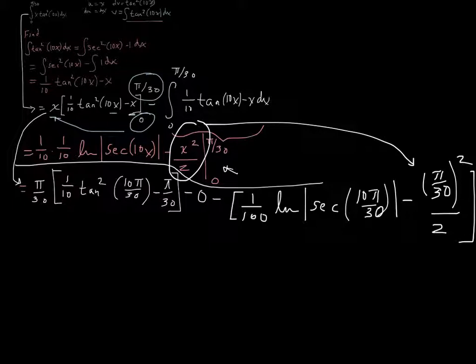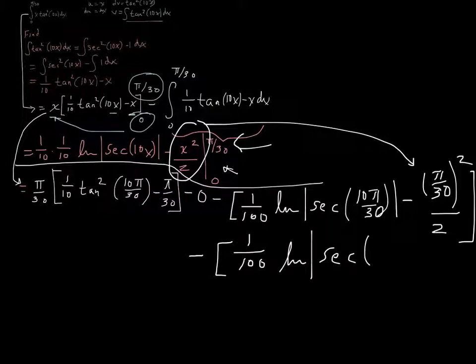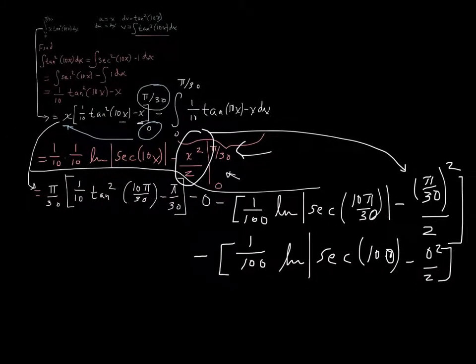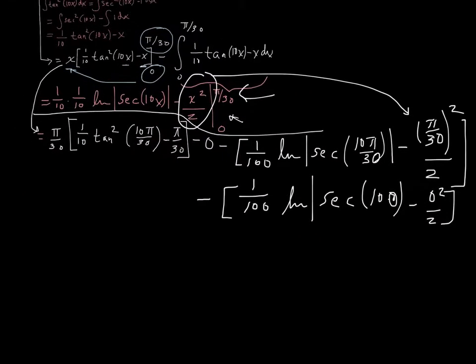So that's just evaluating this piece here at pi over 30. I still have to do the minus and evaluate it at 0. So 1 over 100 ln of secant of 10 times 0 minus 0 squared over 2. Okay, so hopefully that's readable.